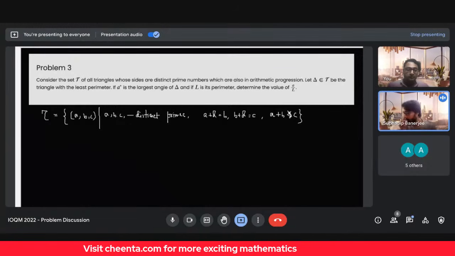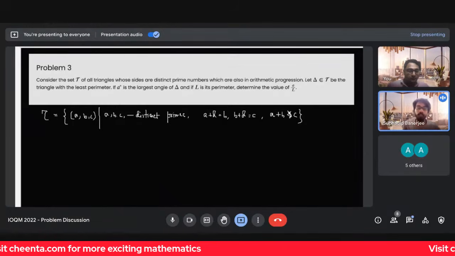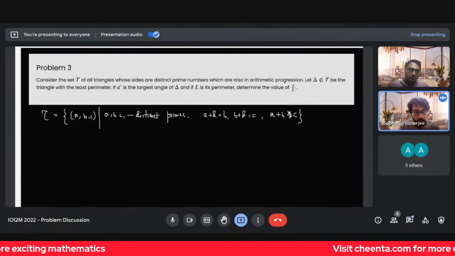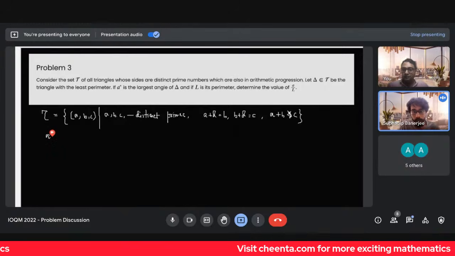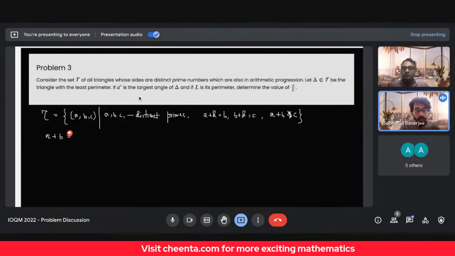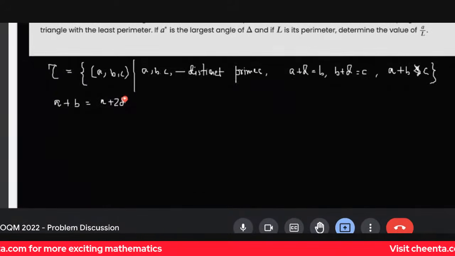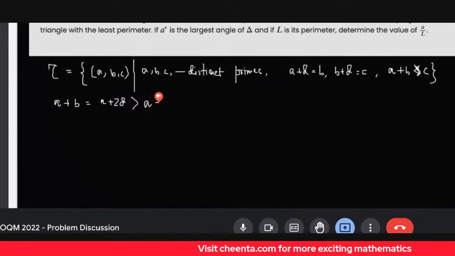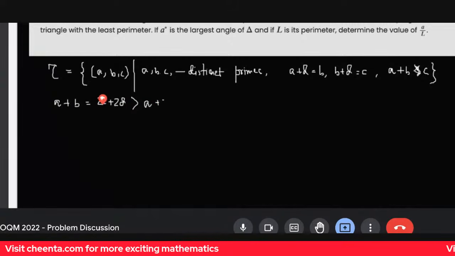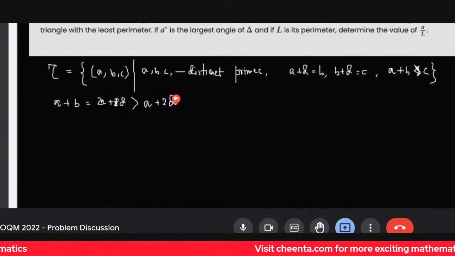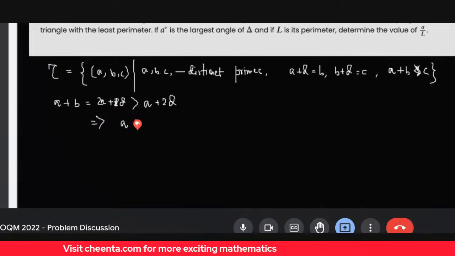Some observations we should make: first of all, a plus b can be written as 2a plus d, and c can be written as a plus 2d. Sorry, I'm making a mistake. So 2a plus d is greater than a plus 2d. Solving this inequality, we get that a is greater than d.